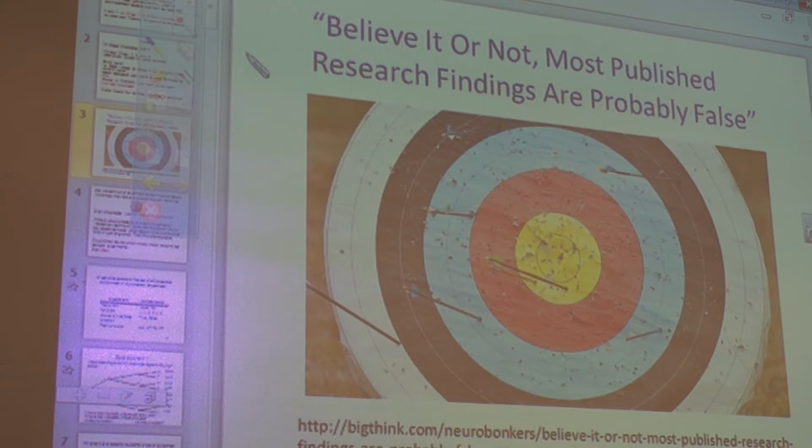So 5% of the time, just because that's how probabilities work, you're going to get an unusual sample and not know it.